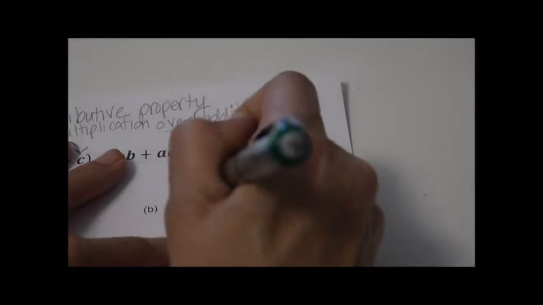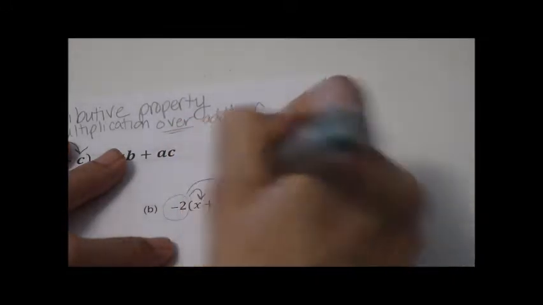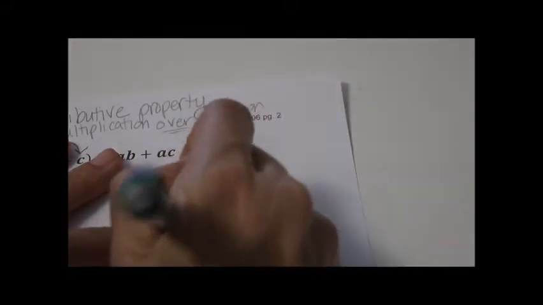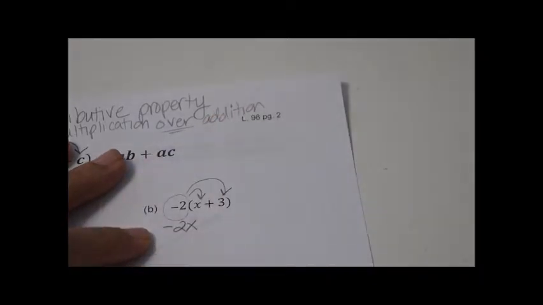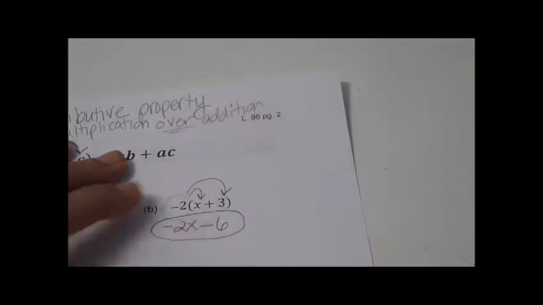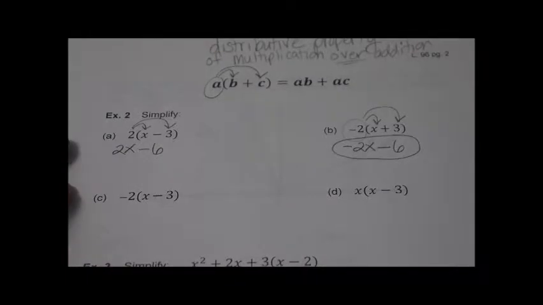Next one, same idea. Now we multiply a -2 by x and by +3. So -2 times x is -2x. -2 times +3 is -6. And there it is. That is the answer, as goofy as it looks. Okay.